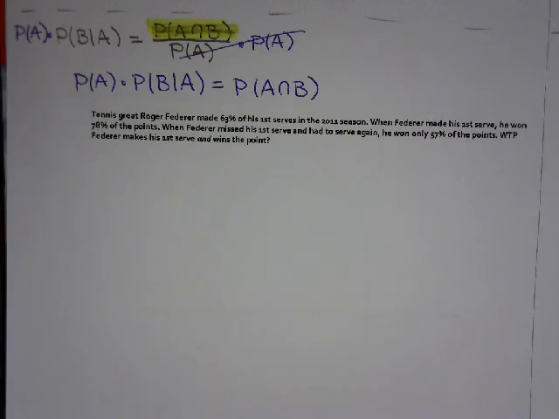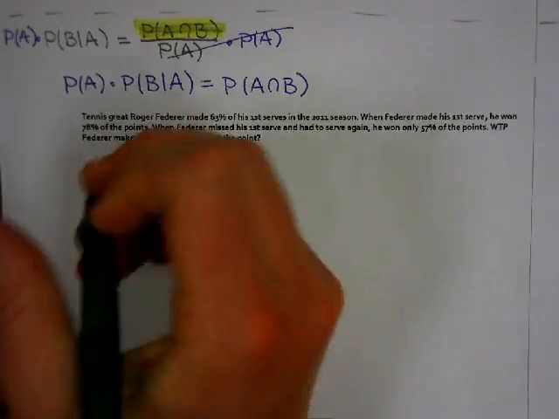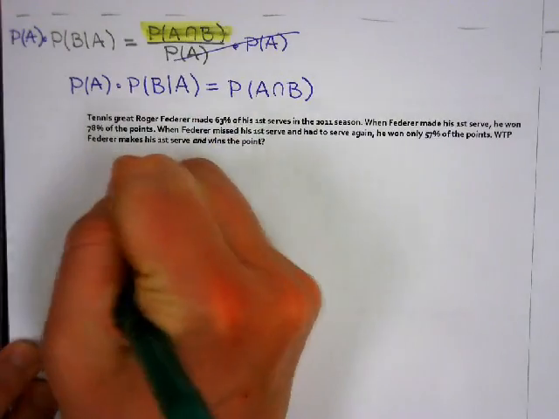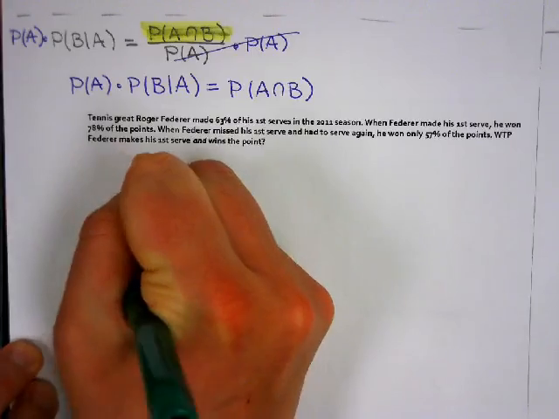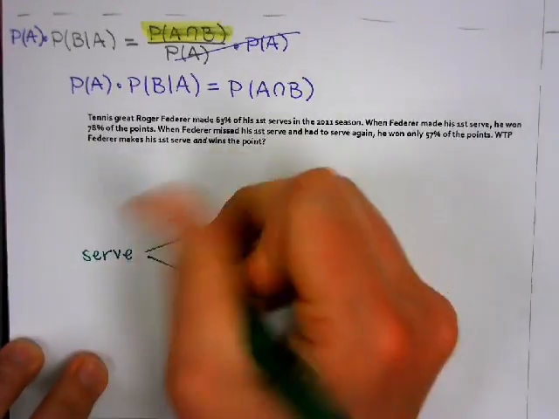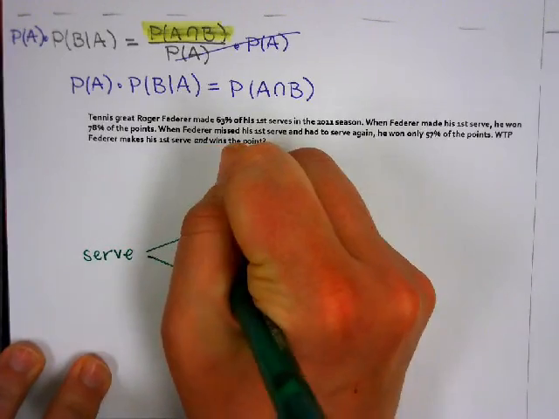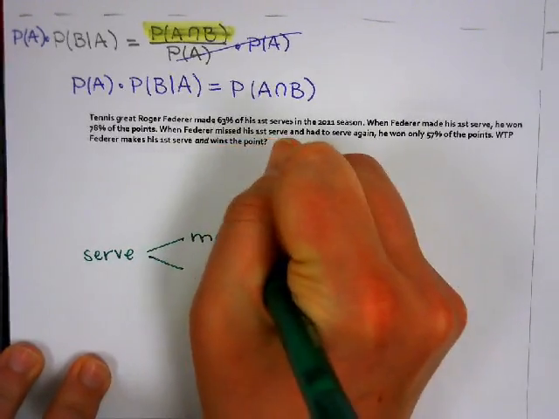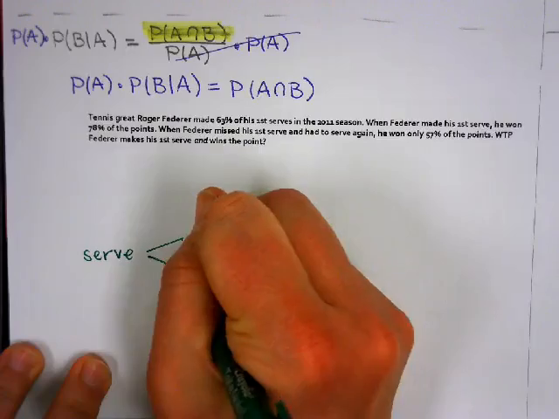So, you could put his serve. He either makes his serve, make means it stays in, miss means it goes out of bounds.